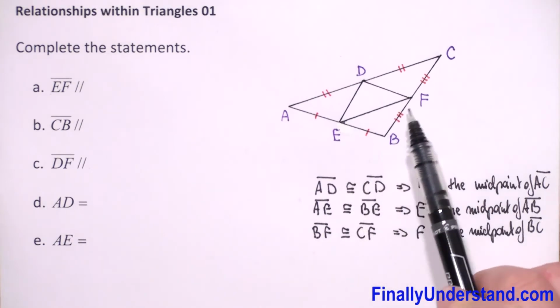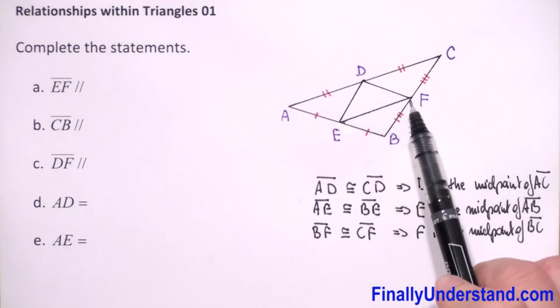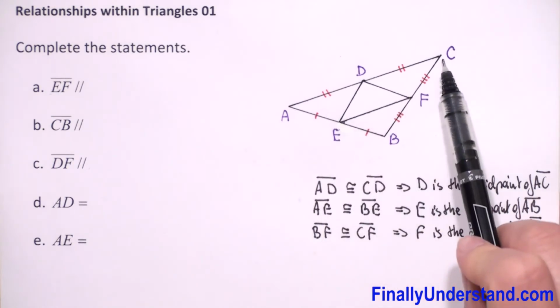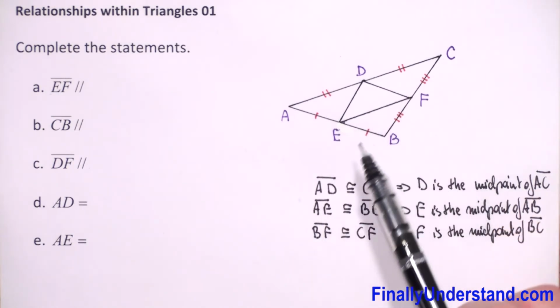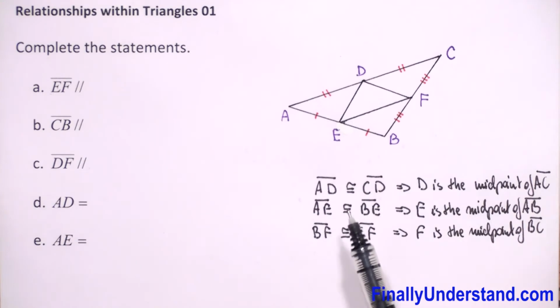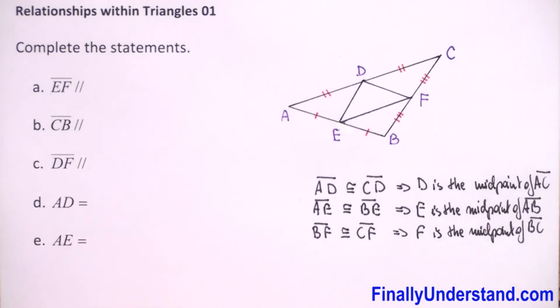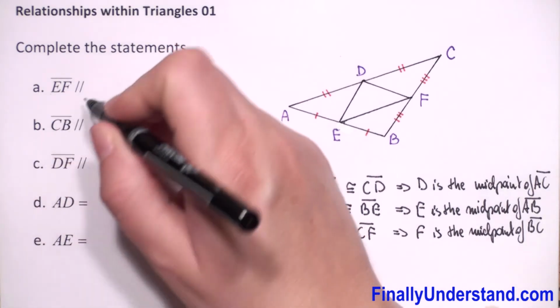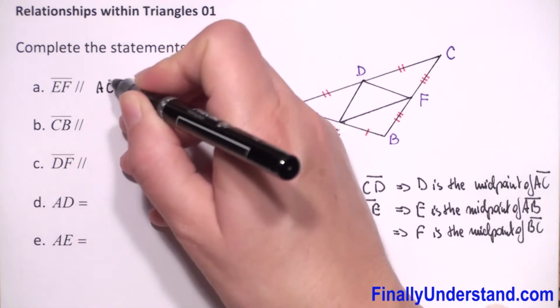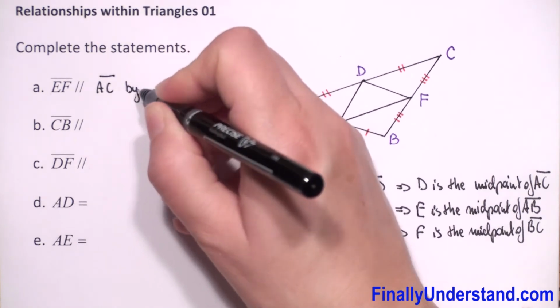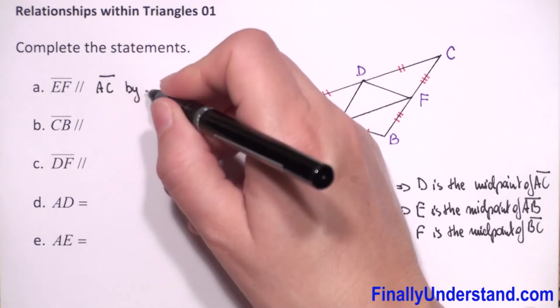EF segment is parallel to AC segment by Midsegment Theorem. So we can write that EF is parallel to AC segment, and we have this by Midsegment Theorem.